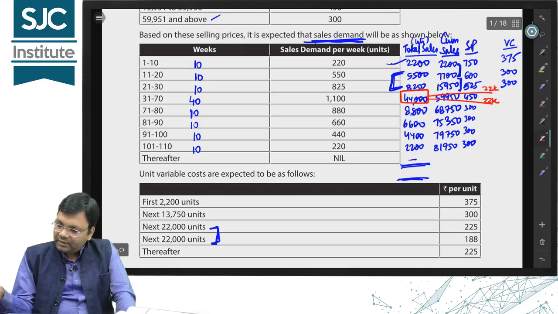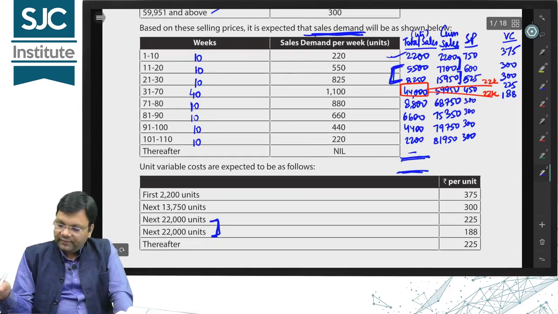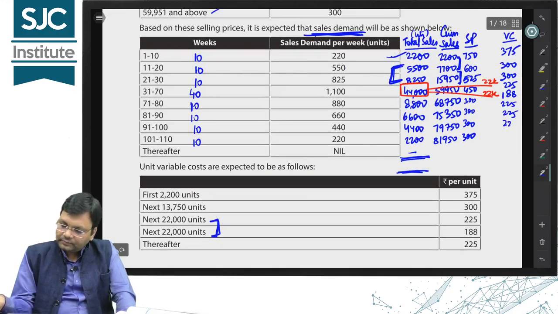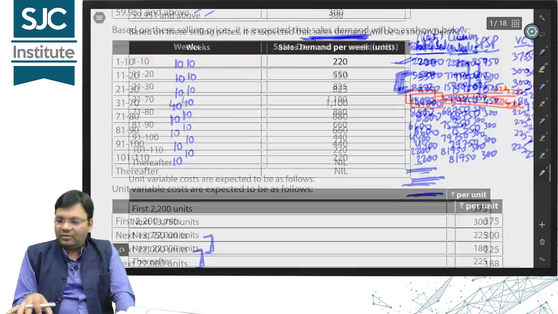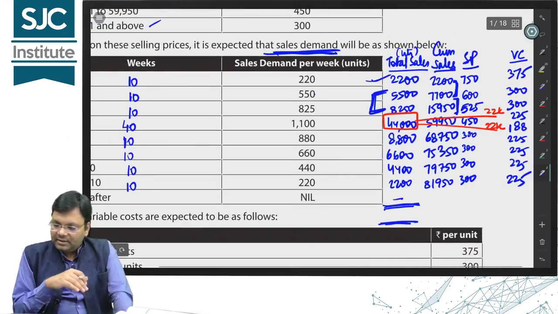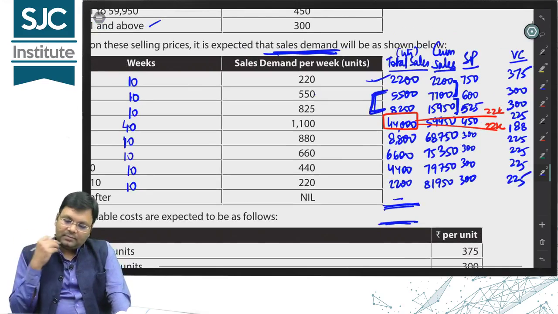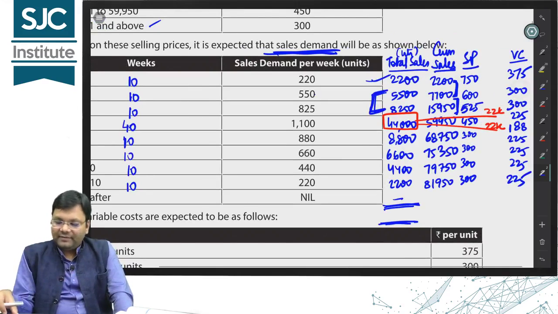So we have here 225 and 188. Then thereafter it is 225. So after this 225 4 times. I hope you are able to make out. It's very tiny, but it's clear. I think I've written it all clear.